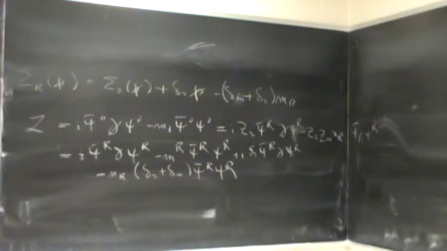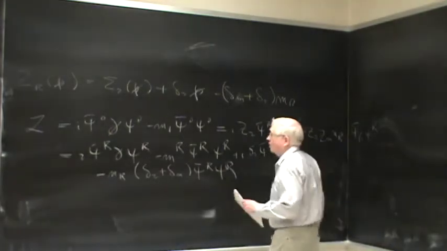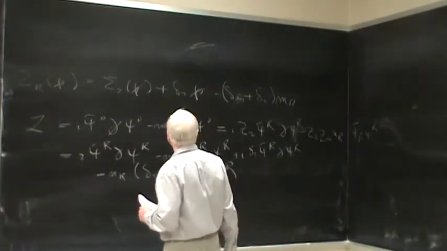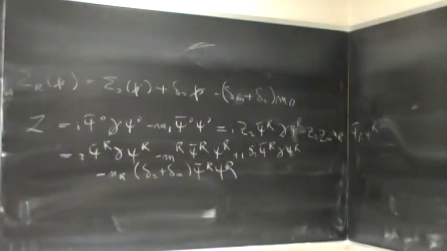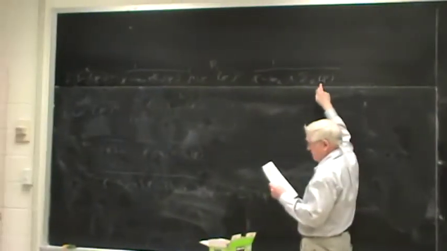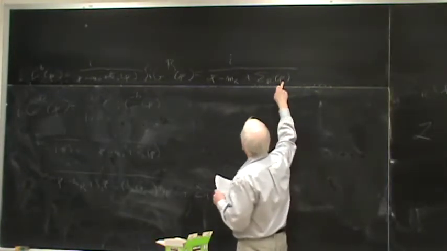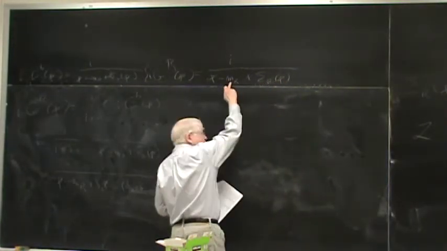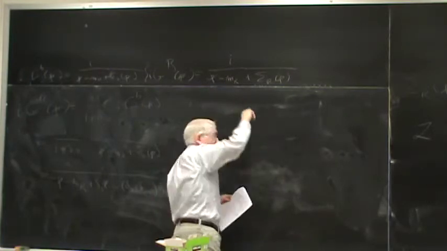With on-shell subtraction, we want, when P slash is the physical mass, this thing to change minus the renormalized mass into minus the physical mass.